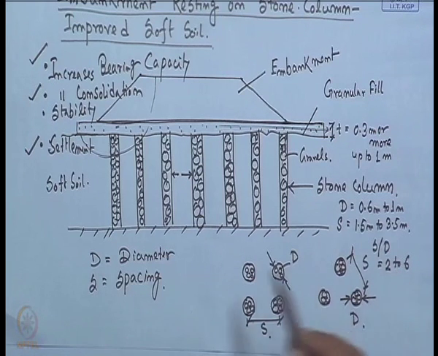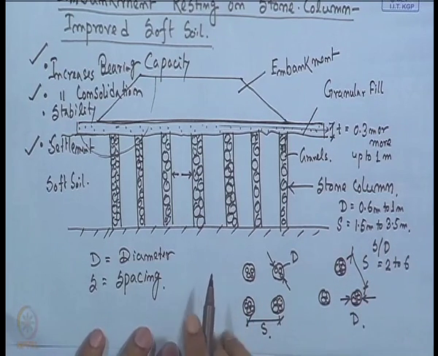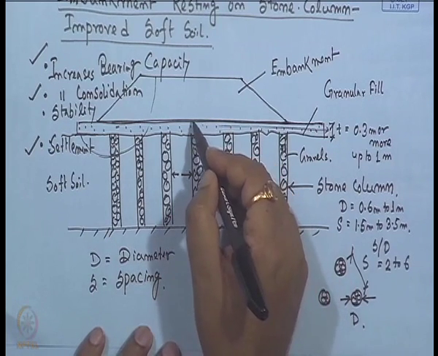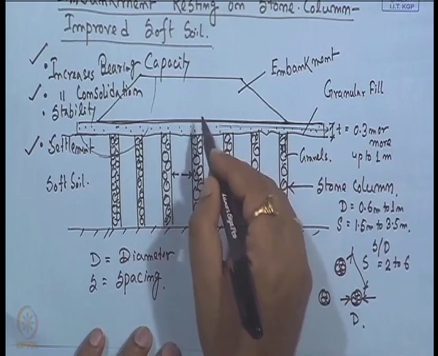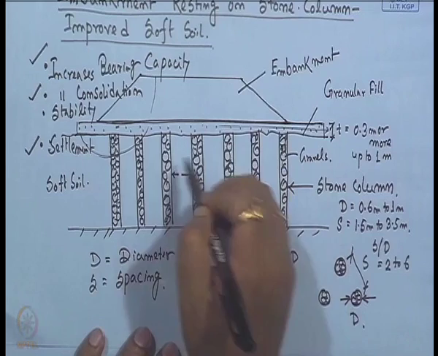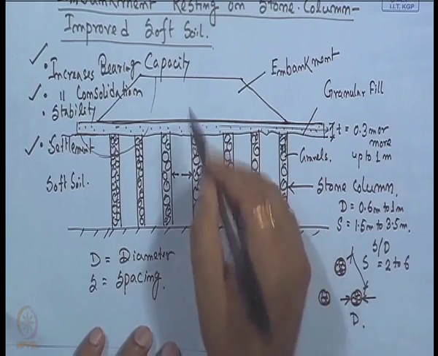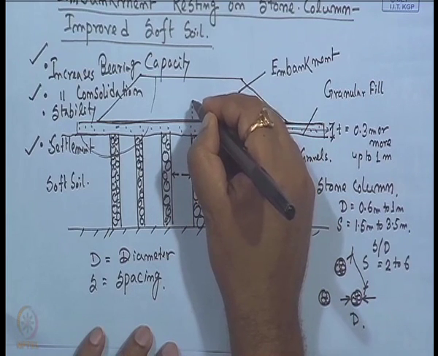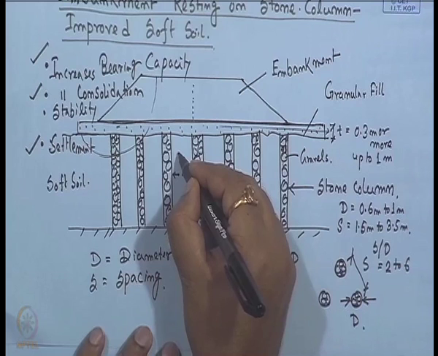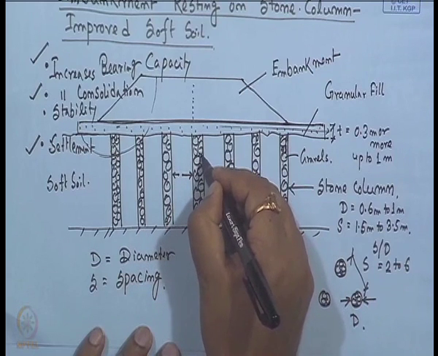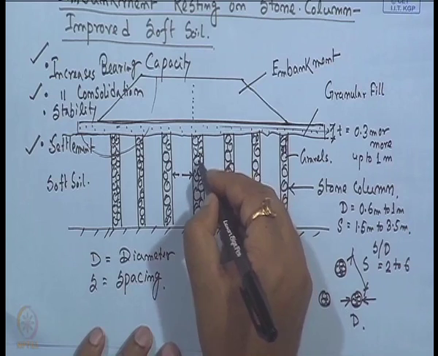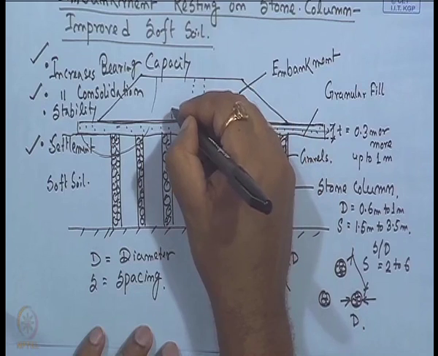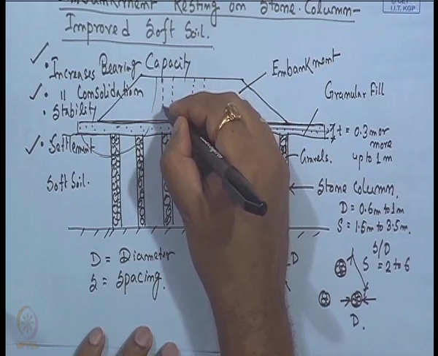Now, another very important thing will come into the picture when we construct this type of embankment on soft soil where we can use the stone columns. What will happen to the soil above this? This portion is very soft and this portion is stiffer than that portion, so there is a zone above these 2 portions.